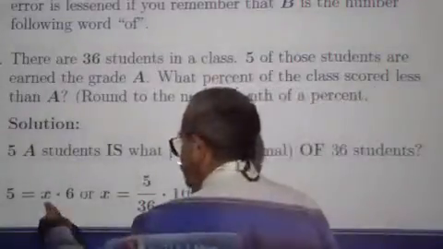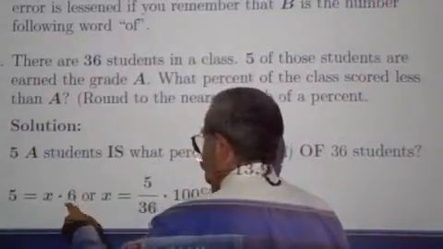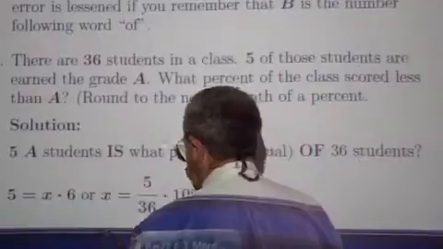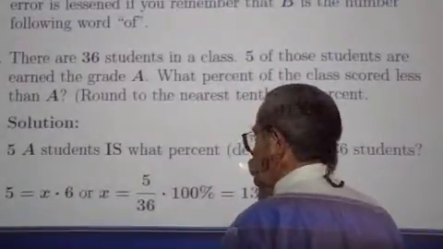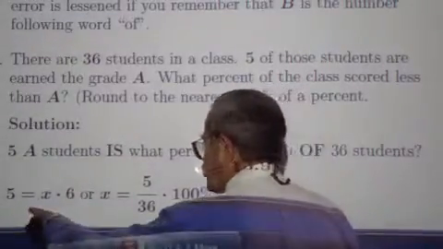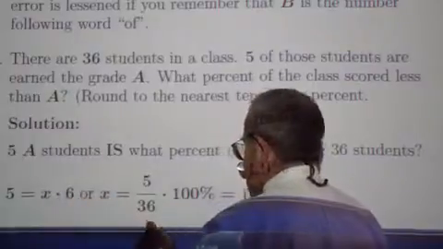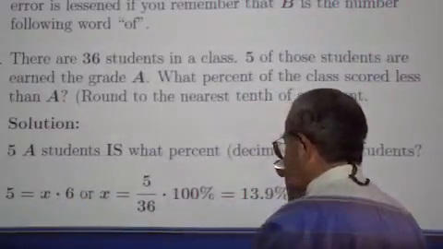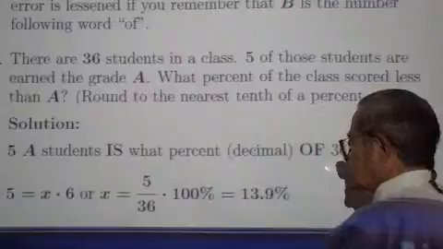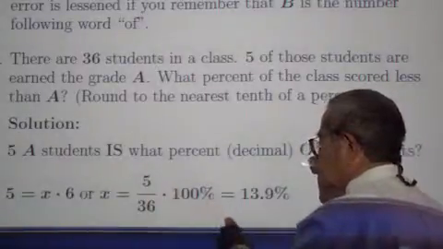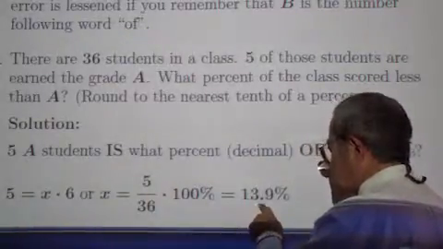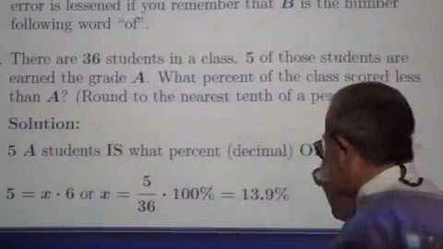5 is what percent of, that should be 36, not 6, that's a misprint. Then you divide both sides by 36, you get 1 times x by itself, and you can't reduce that. So you get 36 into 500, which is supposed to be 13.9.